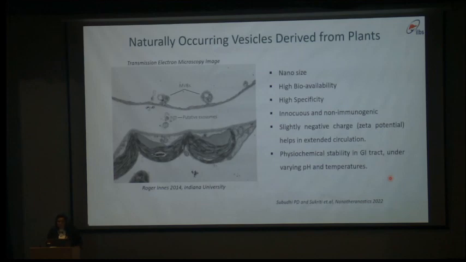So their physiological stability even in the GI tract under varying pH and temperature. So this is an electron microscope. Here you can see that microvesicular bodies inside the cell, they are releasing the exosomes, which are carrying all the information present inside the cell.